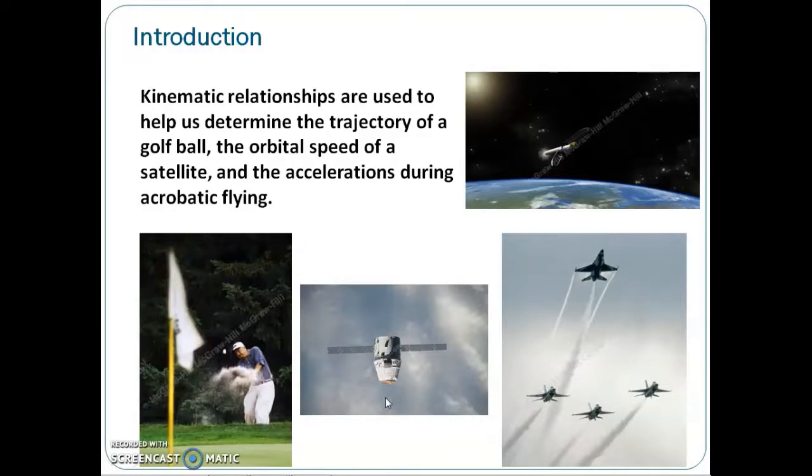Kinematic studies help us to relate parameters such as the position, the velocity, and the acceleration of bodies, here referring to particles at a time instant. At a certain time, we want to determine the position, the velocity, or the acceleration of the particles. So this is about kinematic studies.